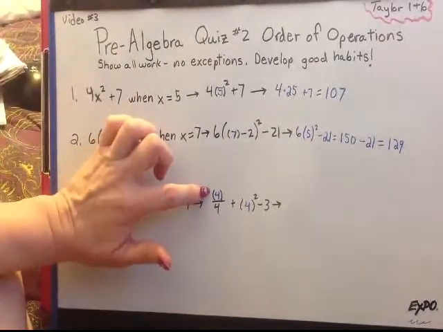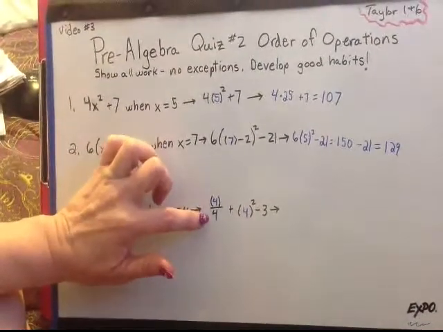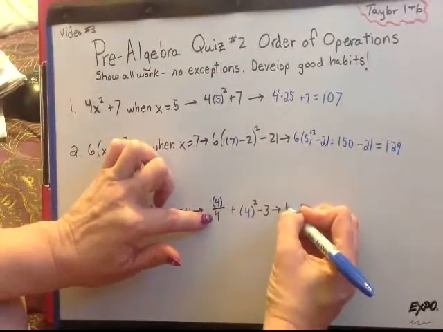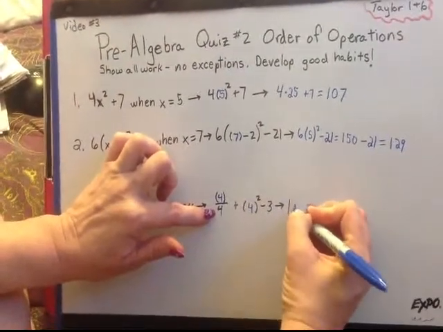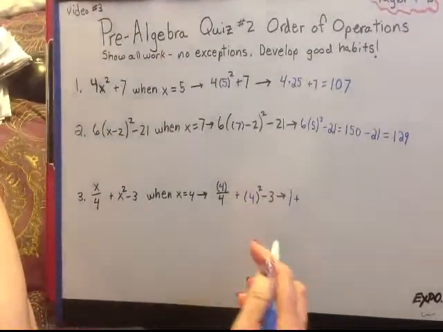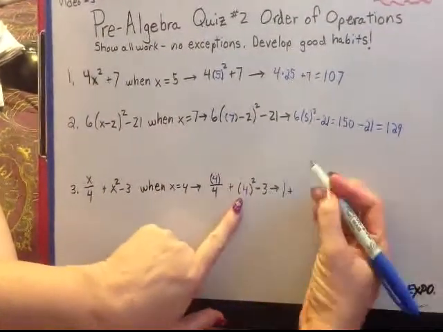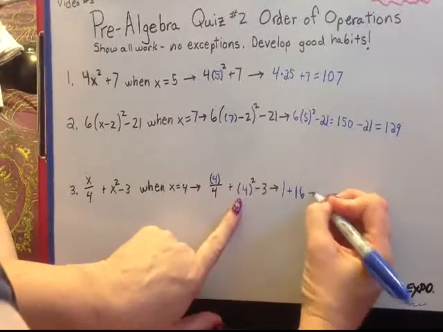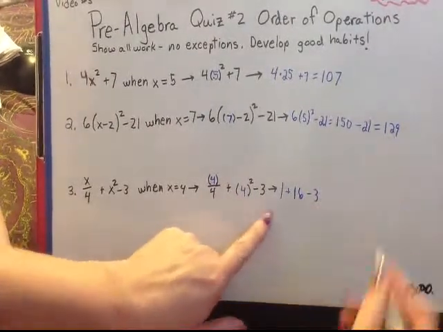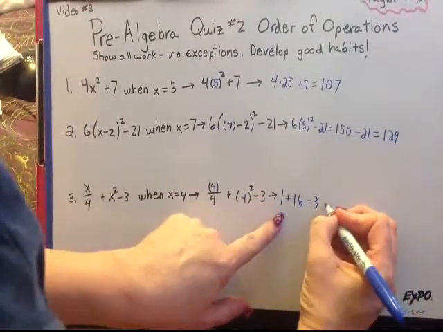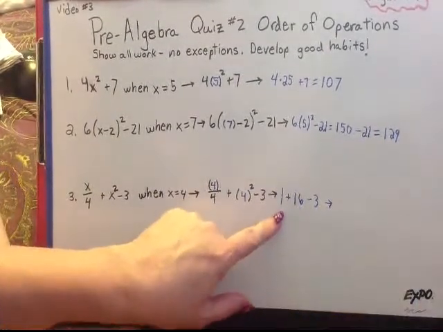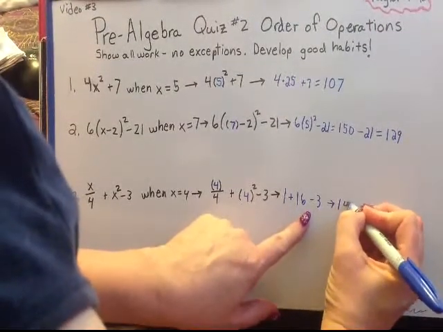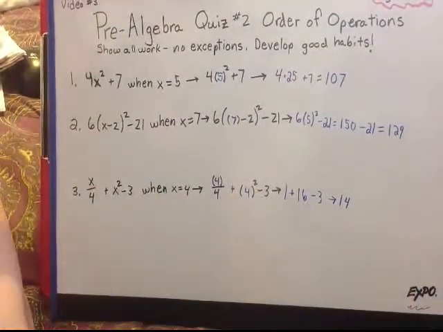Now we know that anything divided by itself is equal to 1. Plus 4 squared is 16 minus 3. 1 plus 16 is 17, and 17 minus 3 is 14. And there is your answer for that one.